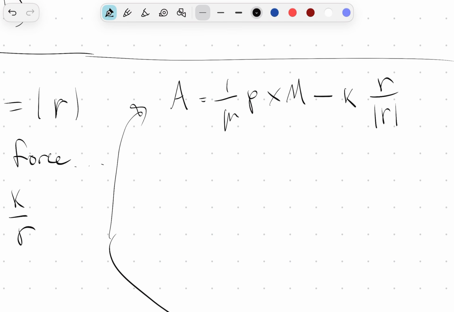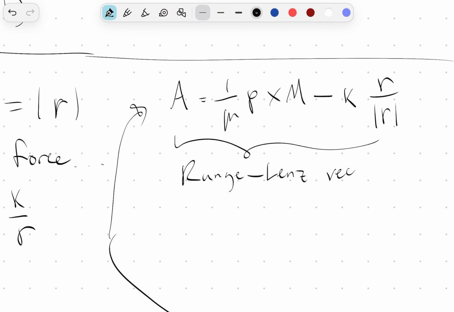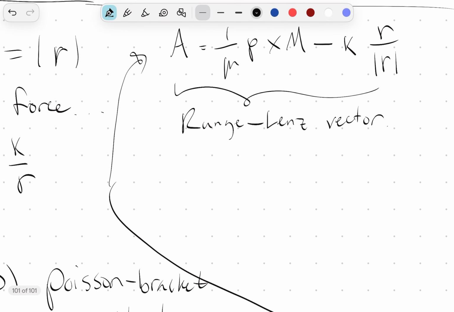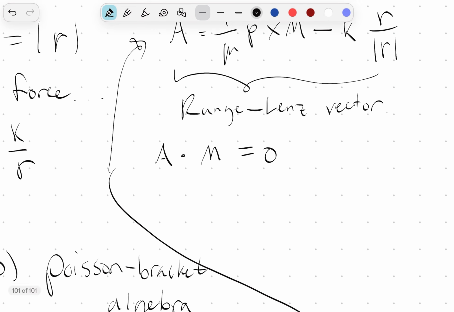This itself is conserved, and this is called the Runge-Lenz vector. And it satisfies this orthogonality condition that if we take this dot product with M, that should be equivalent to 0.